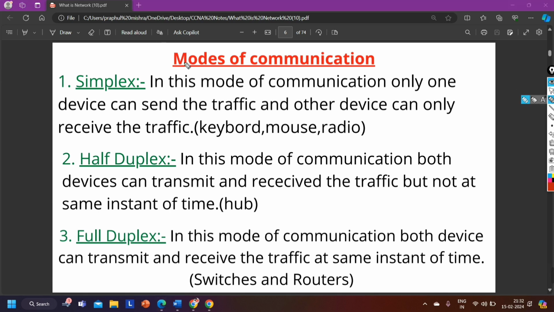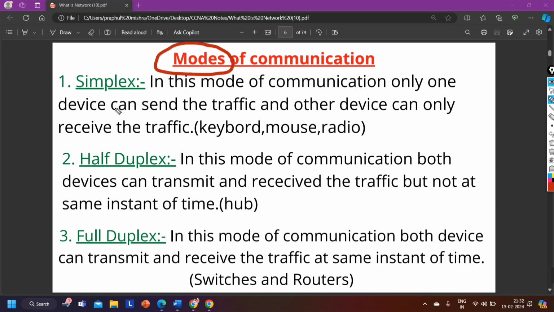Okay, now let's move to this portion, modes of communication, because today I have to finish these basic terms. Guys, modes of communication. We have 3 modes: one is simplex, another is half duplex, and the third is full duplex. First of all, what do you mean by modes?